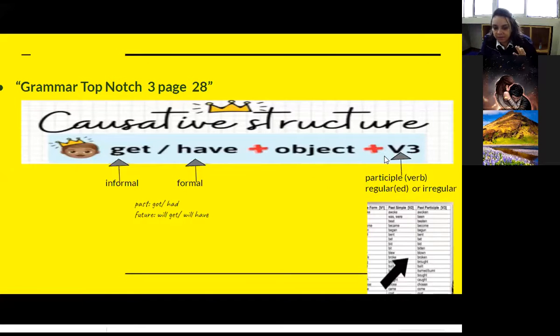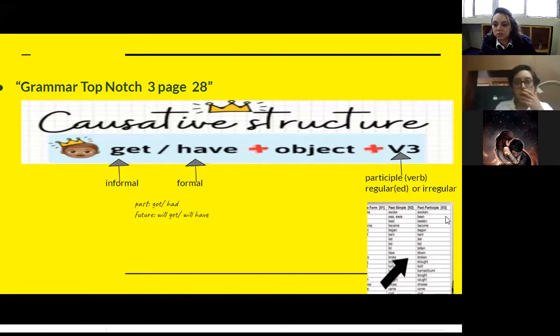And the verb in the past participle, it could be regular or irregular, right? If it's regular, you have to add ed at the end of the verb, or if it's irregular, you have to look at the list of regular and irregular verbs and use the third part.